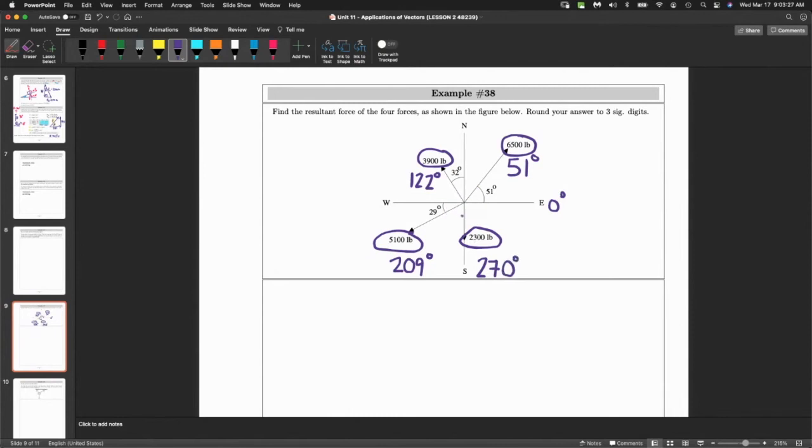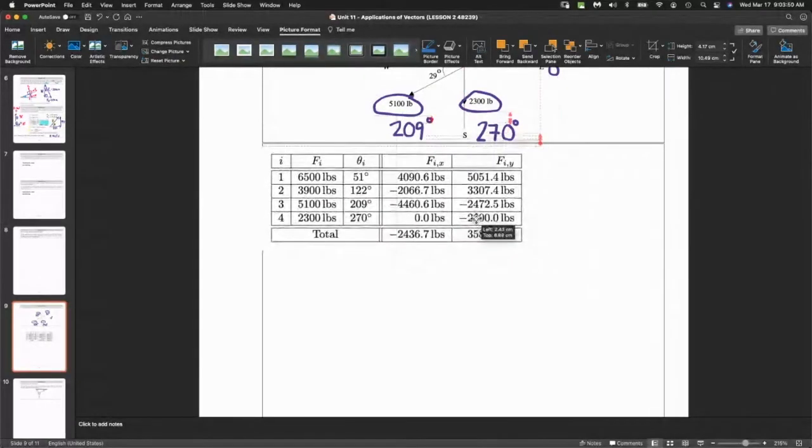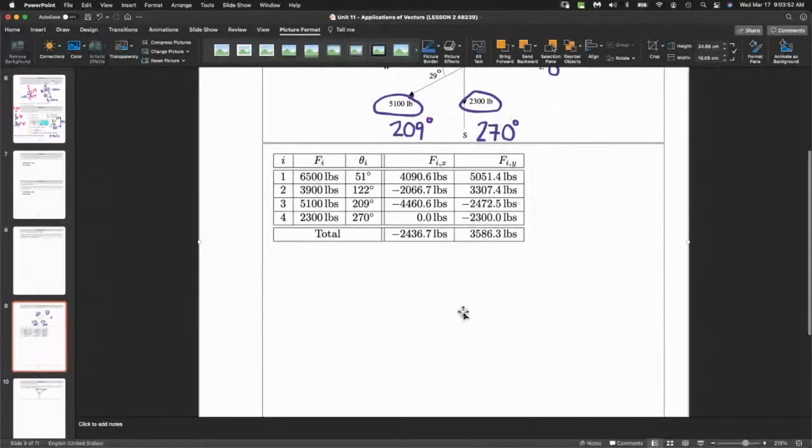So there you have it. All four forces with their angles represented in standard position. So really this is where the method of components shines the most. So at this point you would, in my opinion, construct or organize a table where you have all of the forces and the respective components.